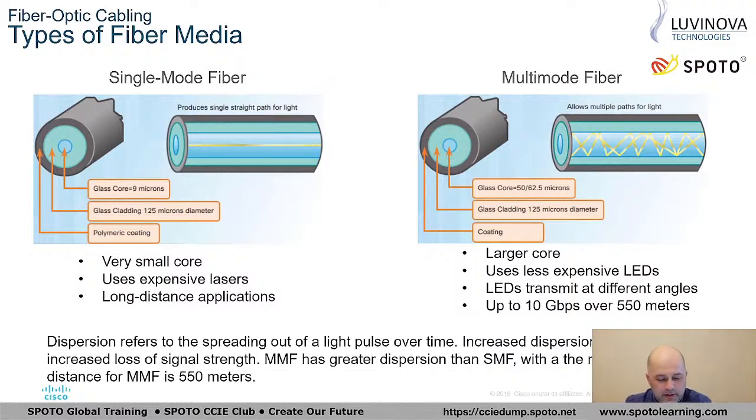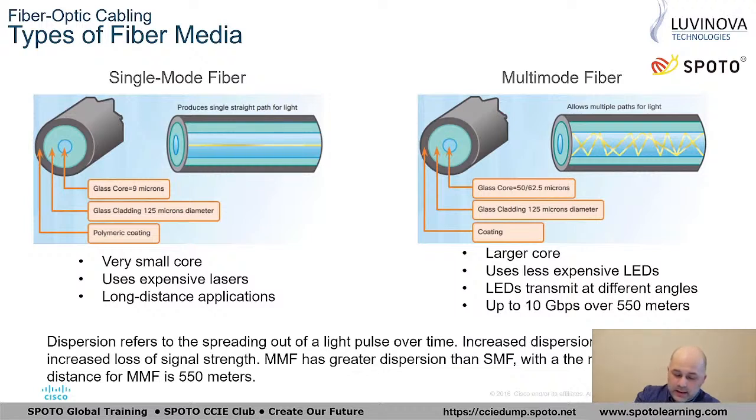So, single mode fiber, here on the picture, has a very small core and uses expensive lasers. Here we are using this cable in large instances where the signal must be delivered with the same quality over long distances. In multi-mode fiber, we are using a bigger core and we can use much cheaper light sources like LEDs.